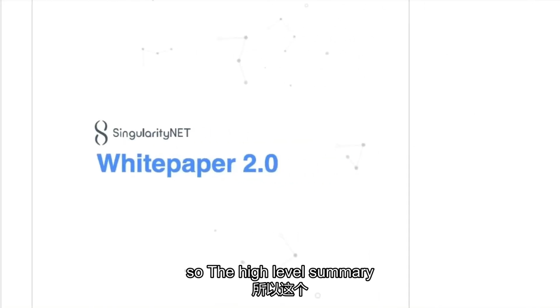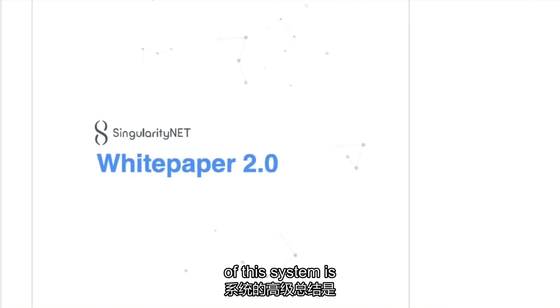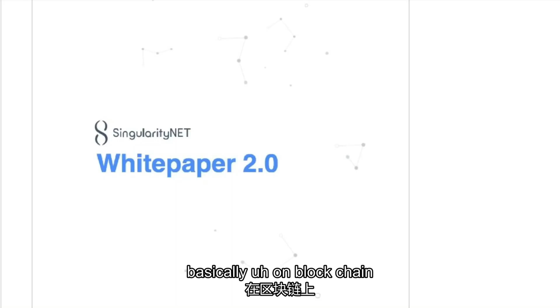So the high-level summary of this system is that it is a marketplace for APIs, basically, on blockchain, where either humans or APIs can call other APIs and pay them for that service.